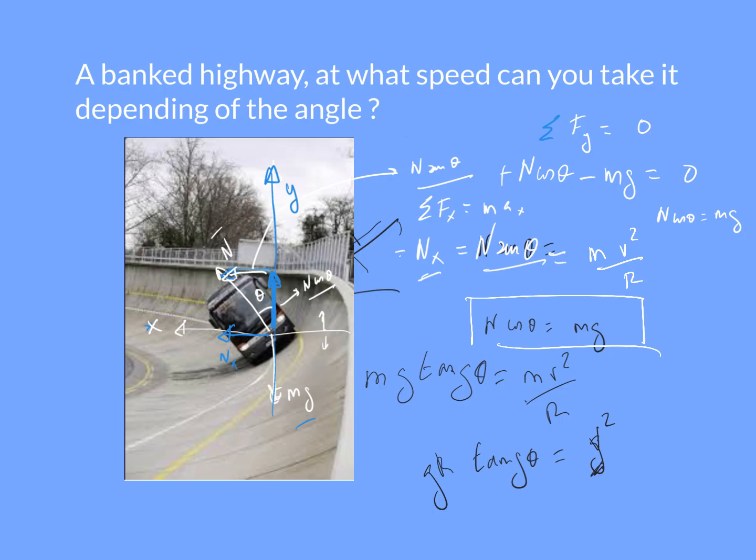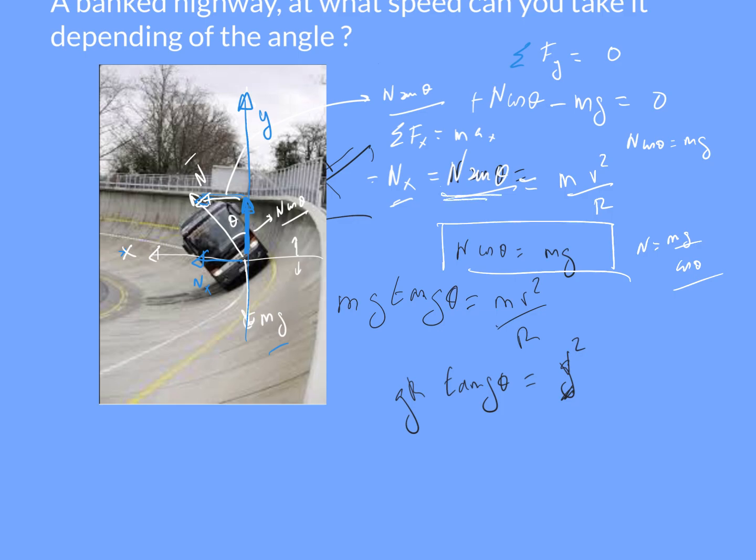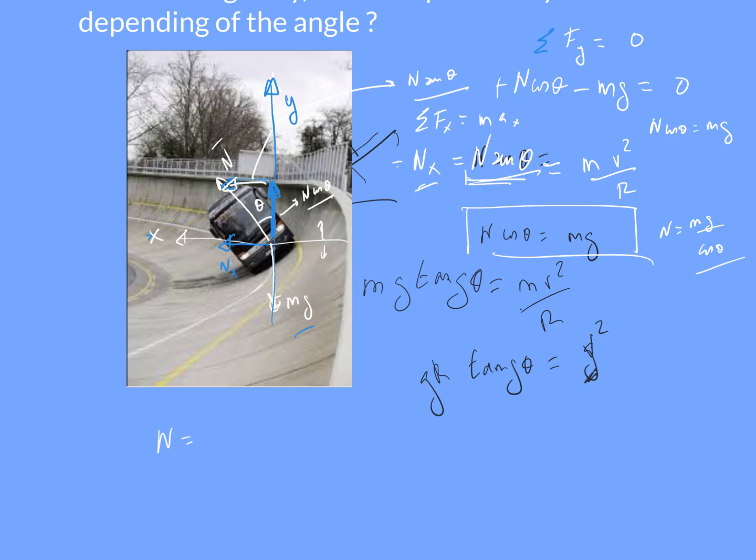If I solve for n, n equals mg divided by cosine of theta, and I plug this n into the other equation, which says that nx, which is n sine of theta, is mv squared divided by r.